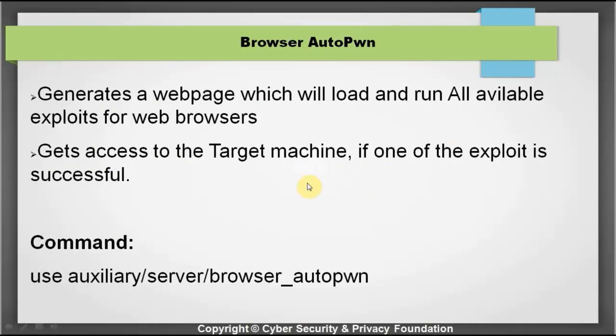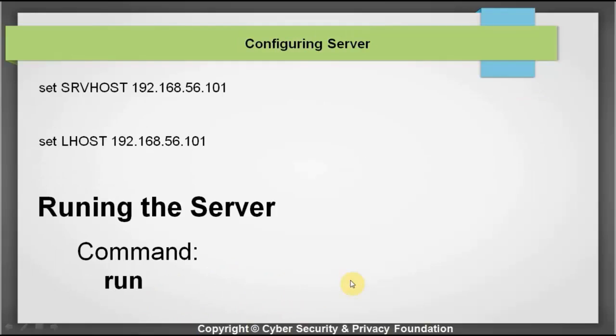He's going to use an attack called browser autopwn, and this generates a web page and it will load all the exploits that are available for web browsers, and if it is successful, then the attacker will gain access into the target machine, and this is the command for using it. We're going to give use auxiliary/server/browser_autopwn, and you have to configure the server.